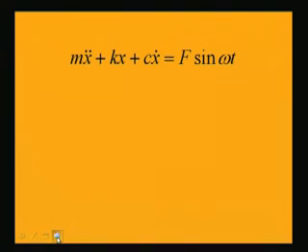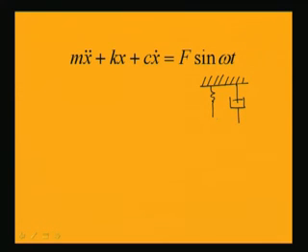These methods include the Laplace transform method, finding the particular solution of the differential equation, or using some numerical methods. For a single degree of freedom system, we already know the equation of motion can be written as m x double dot plus c x dot plus k x equal to f sin omega t, represented by this spring mass damper system.